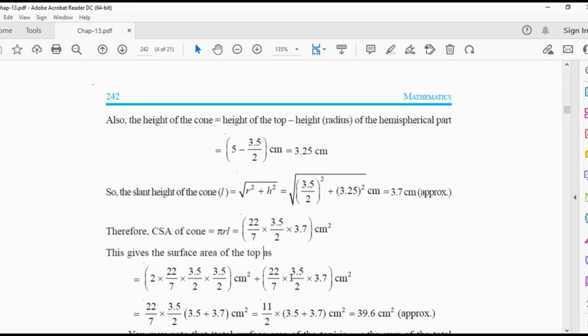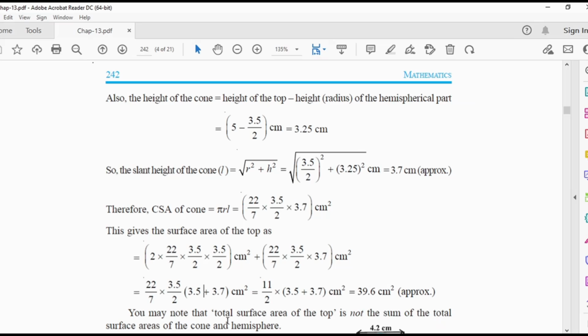In both these areas, there is 22 by 7 times 3.5 by 2. That product you take outside the bracket, so you will get the next step, 22 by 7 times 3.5 by 2 into 3.5 plus 3.7. Simplifying this, you will get the final answer, 39.6 centimeter square.